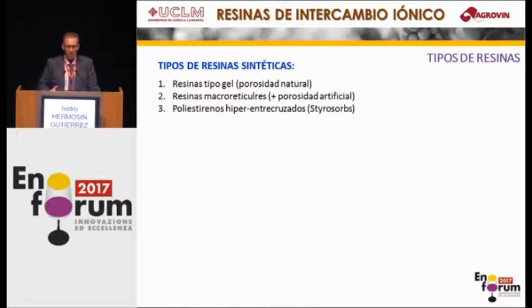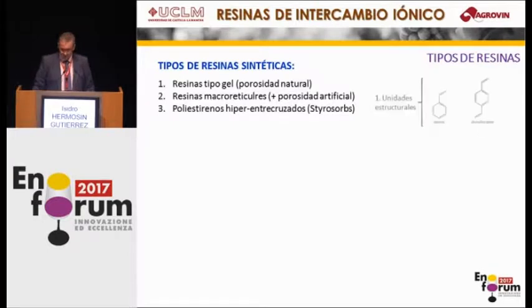These are very rigid structures in mechanical terms. They better support this change in volume when the solvent is changed, some more than others, and their loading capacity is also higher, meaning that we can have bigger quantities of liquid go through the resin.